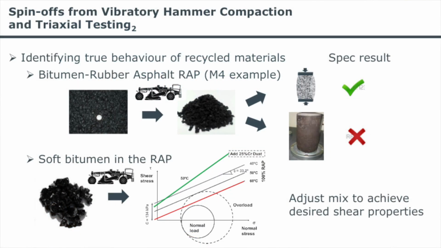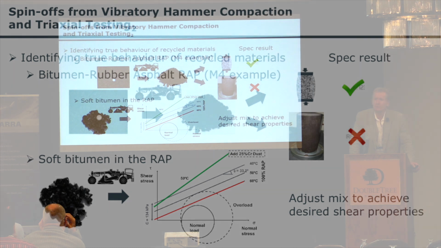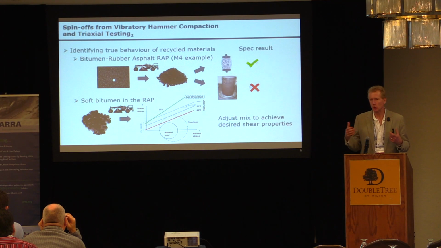Another example was a job I had some involvement in the Middle East, where they used bitumen stabilization, and it was RAP, with soft binder in it. Too much added bitumen was added when the foam was applied, resulting in too much binder in the mix and permanent deformation.